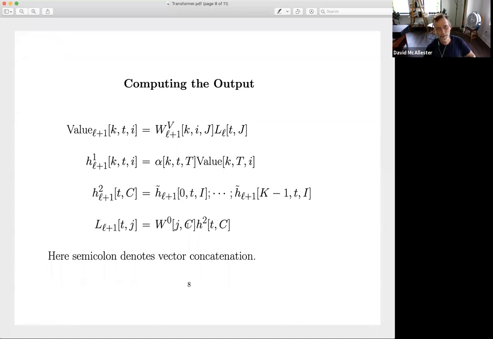And then this can be reduced to J by applying a matrix that goes from whatever the dimension of C is down to the dimension of J. And this is just a matrix that multiplies this vector. Oh, and I should have pointed out that I'm using this semicolon notation, and I'll use that again to indicate vector concatenation.